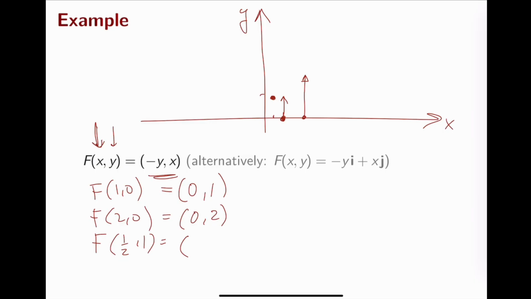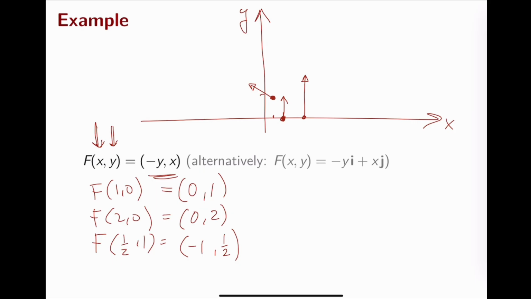Again, we plug in (1/2, 1), and the result is (-1, 1/2). So the vector here is -1 in x, 1/2 in y. So I go 1 unit this way and half a unit this way. The vector associated here will be something like this.